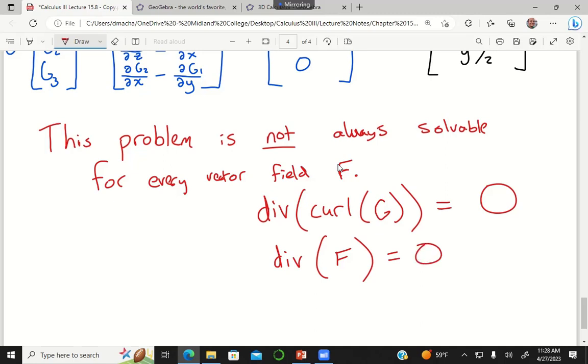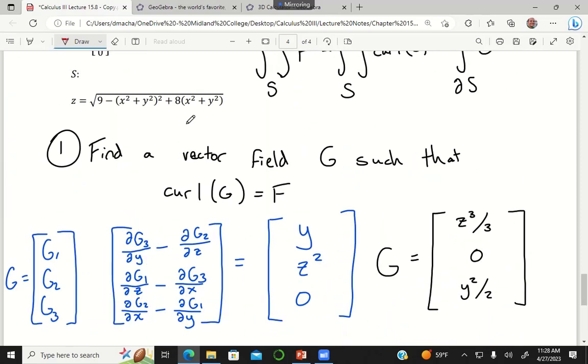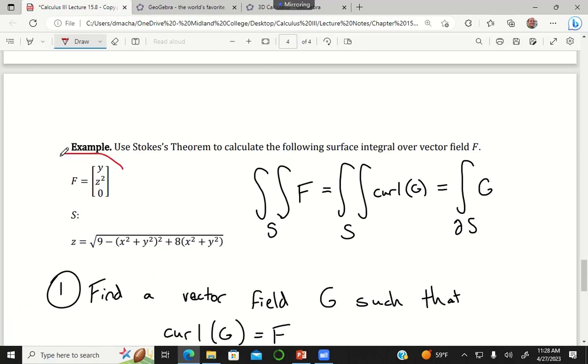So if you're talking about some vector field where the divergence is not 0, then you can't do this Stokes theorem trick to it. The Stokes theorem isn't going to be useful because you won't be able to find a vector field g such that f is the curl of g, because then it wouldn't satisfy this equation. Okay, so I think that's neat, but in this case, my vector field f, if you take the divergence is 0, so it still works.